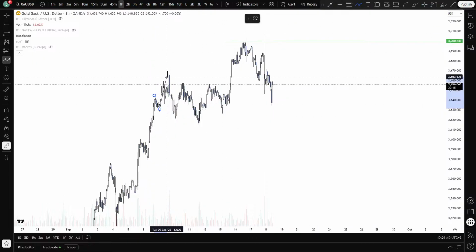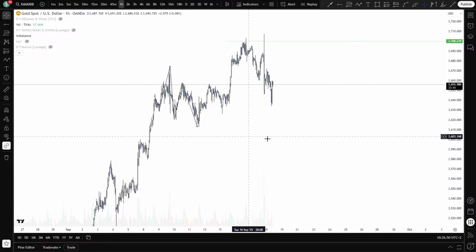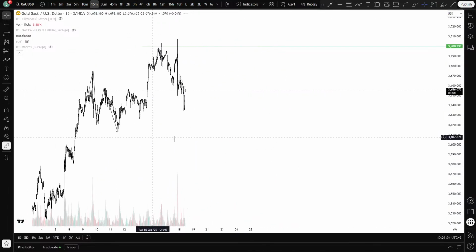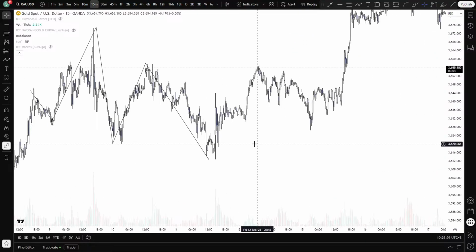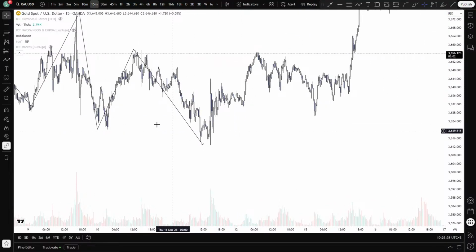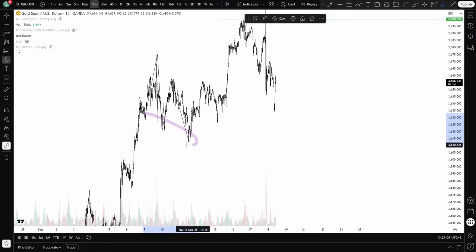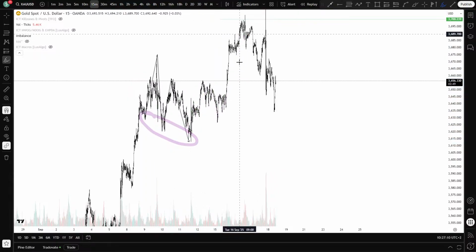If you look at this, we have put in a pretty nice bottom right here. Could say 3 taps, but it's 2 taps. Building up some liquidity to fill up their own orders, to then continue your trend up towards new highs.